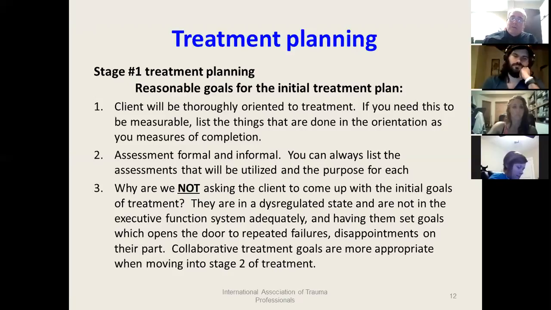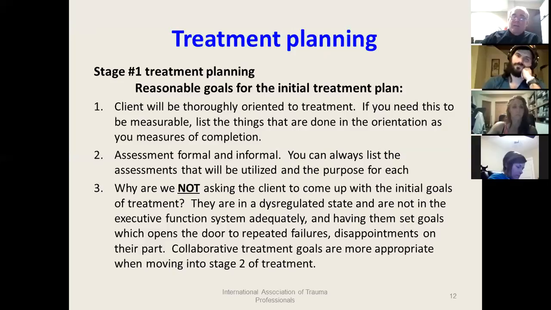The client will be thoroughly oriented to treatment. If you need for your document some kind of measurable way to evaluate that, just list all the things that you're going to try to accomplish with the orientation, which are on the prior slides, by the way.